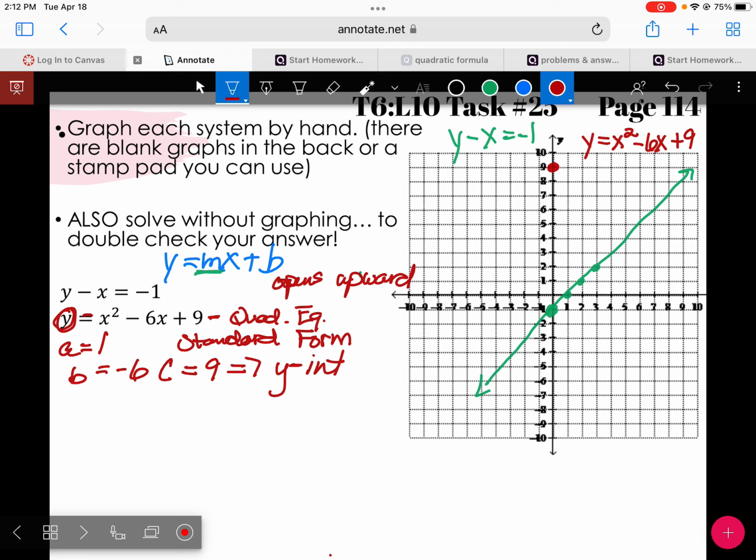Okay, so I have it right now in standard form. What could we do to maybe change it into another form that might be helpful? Okay, so let's say if I want to go to factored form, how do I figure out what my factors are?